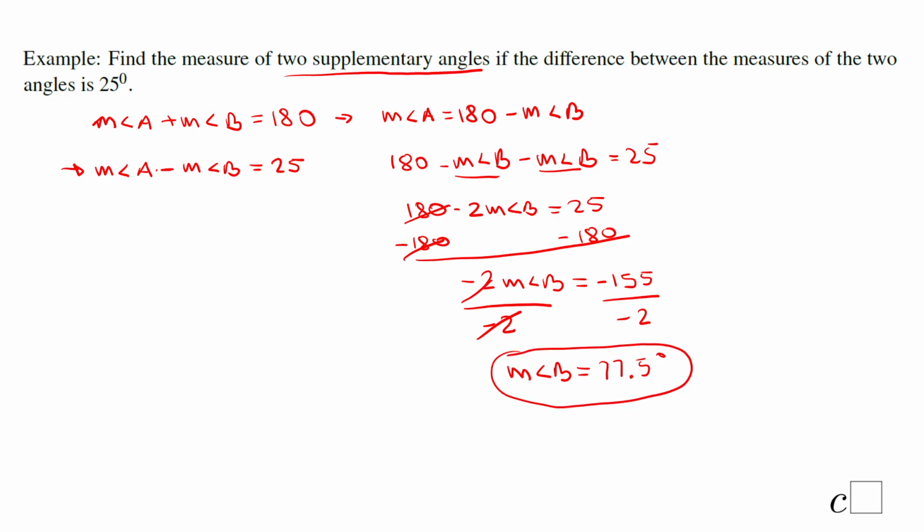And now we need to find the measure of angle A. We can go on any of these two relations. Let's go on the first one. In fact, I can use this statement here: 180 minus 77.5. And that will be 102.5 degrees.